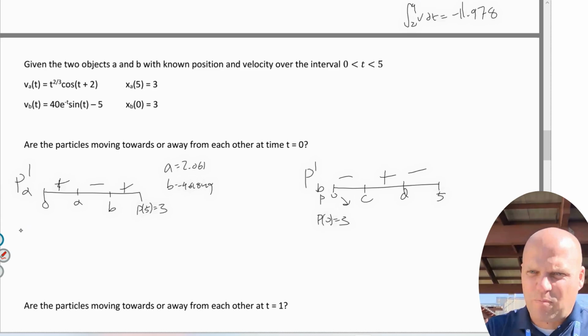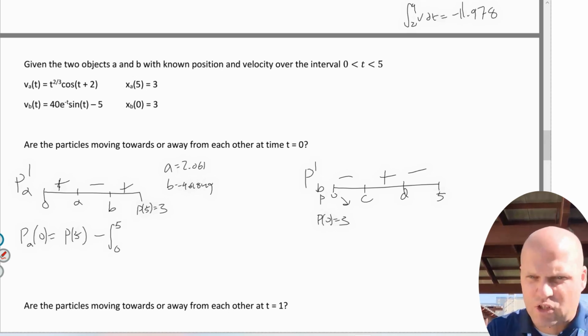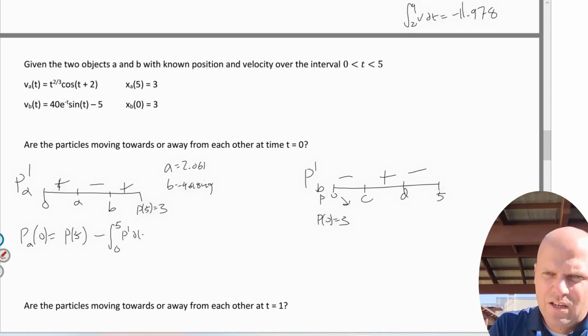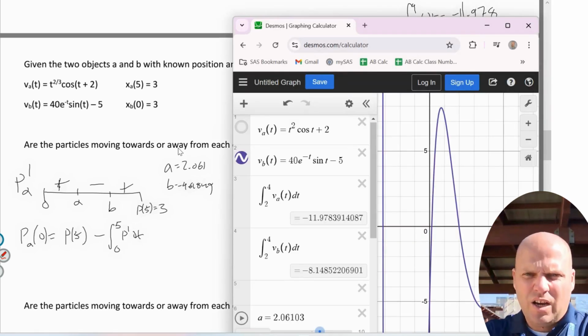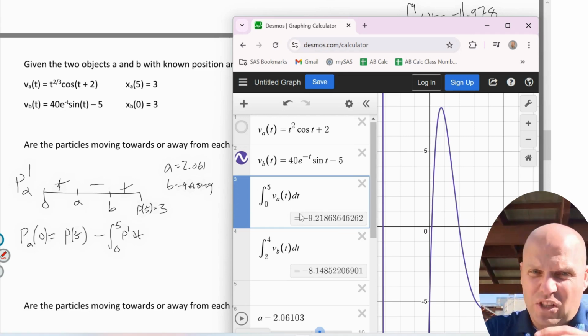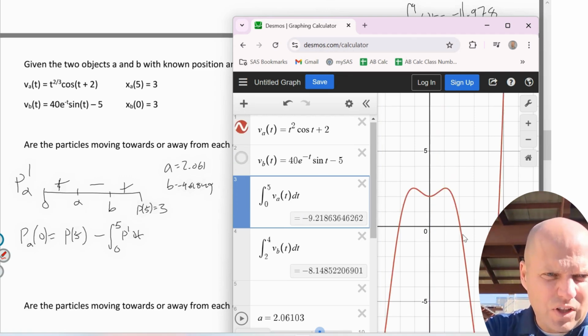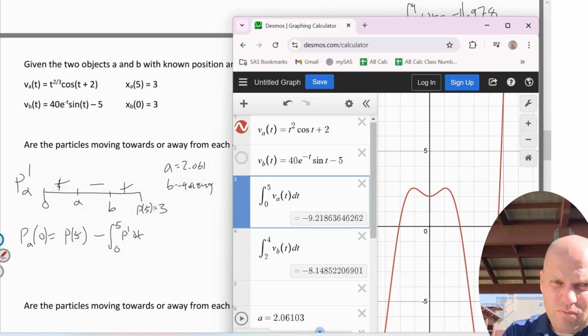Let's find the position of particle A at 0. Well, I'm going to take the position of particle A at 5, and I'll subtract this entire displacement, not worrying about any sign changes or anything. I'm just going to go from 0 to 5 of A. I can see overall I ended up to the left of where I started. Should kind of make sense. We have a lot of negative area between A and B. So that's cool.